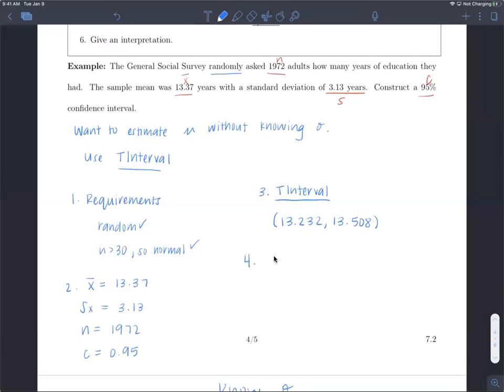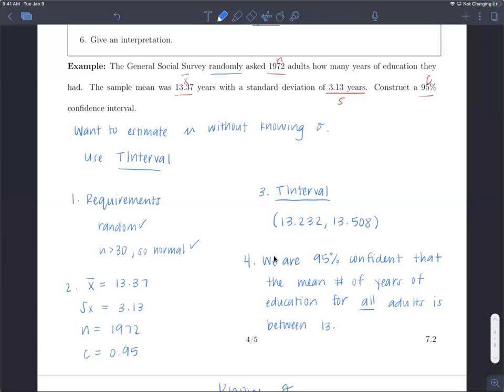Okay, cool. So then to interpret this, we can just say we are 95% confident that the mean number of years of education for all adults is between 13.232 and 13.508 years.